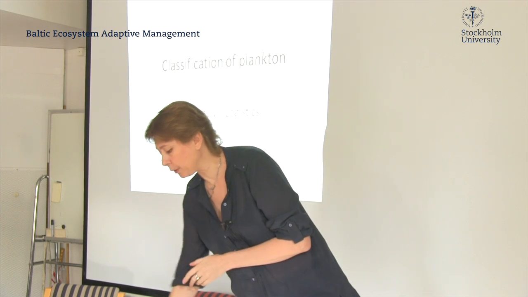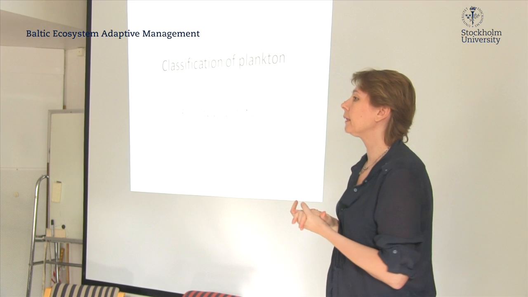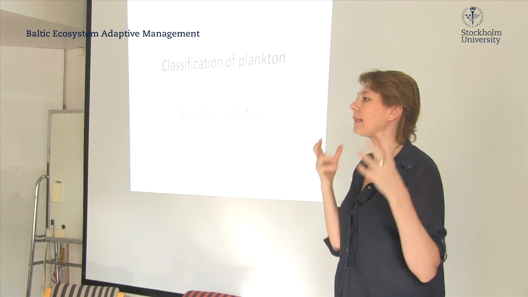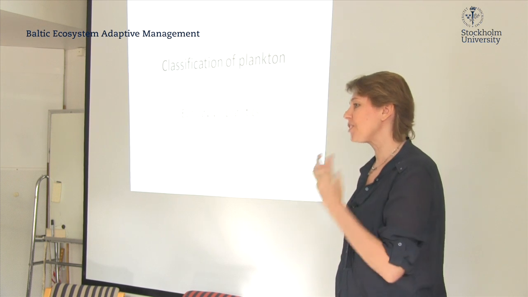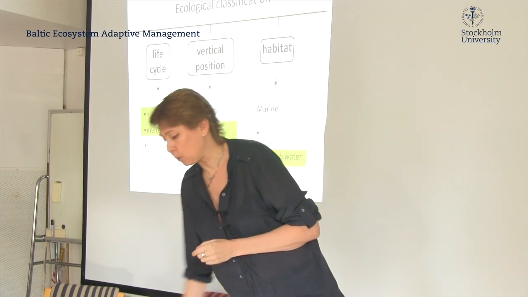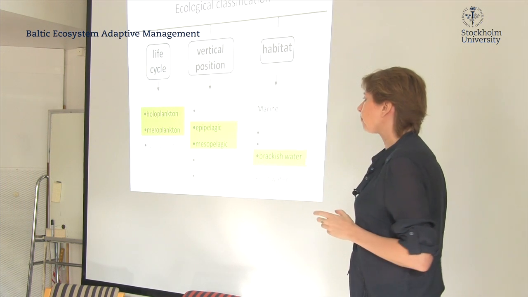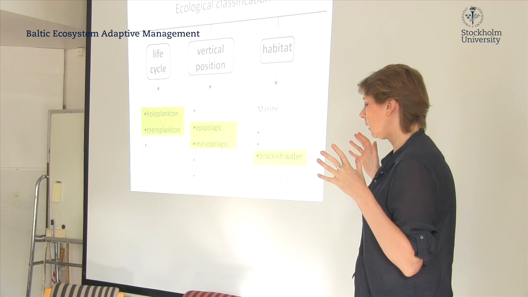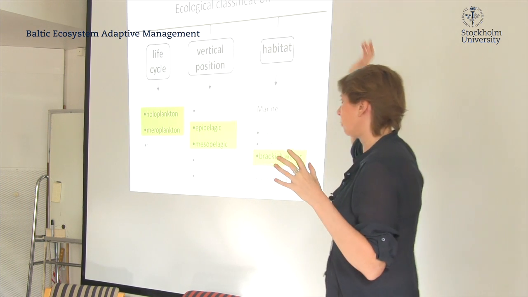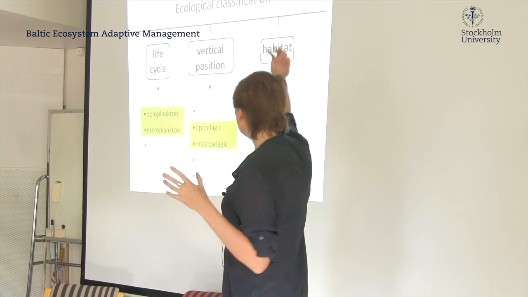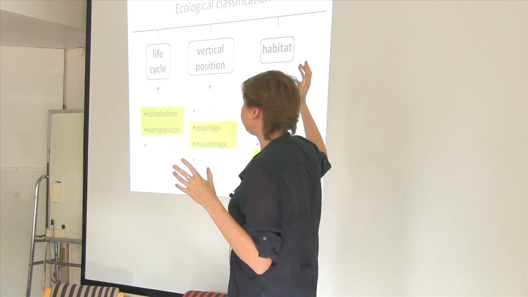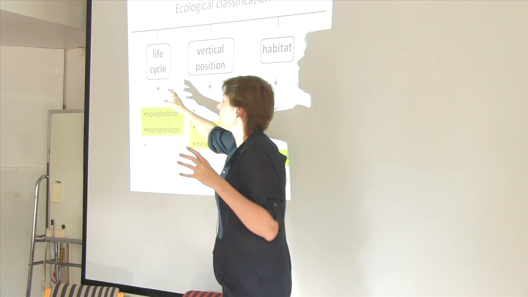So why it's important, and how we classify it. Here it's a bit of a compromise between understanding the ecology of zooplankton and the logistics of our methods and gears, how we can catch them in the best possible way. Generally, if we think about zooplankton, both oceanic and limnetic, we can classify it into three major categories according to life cycle.